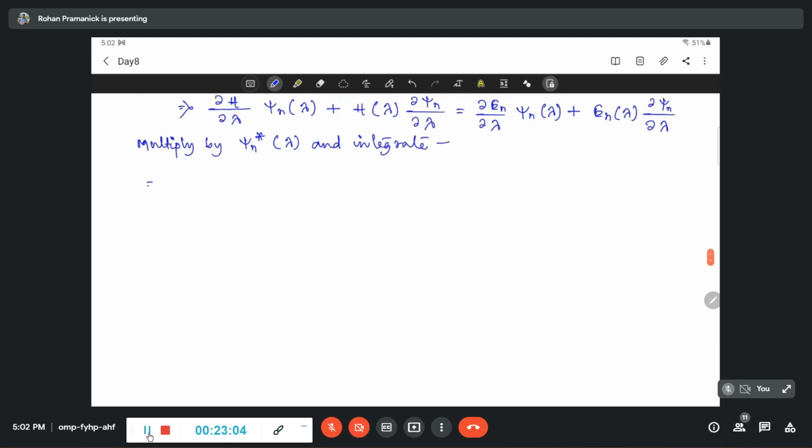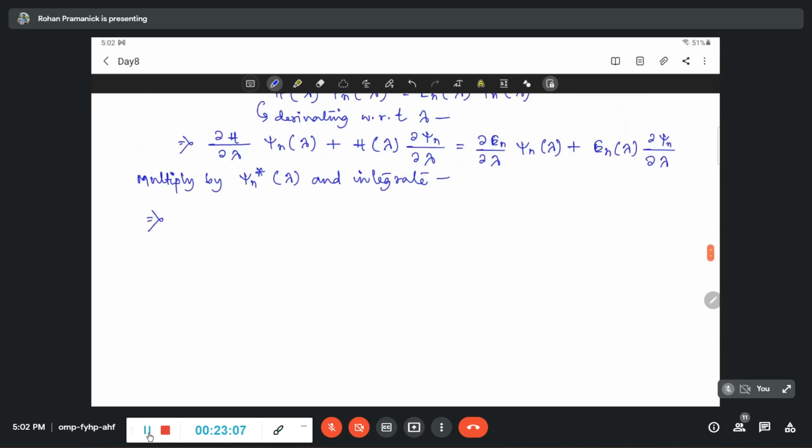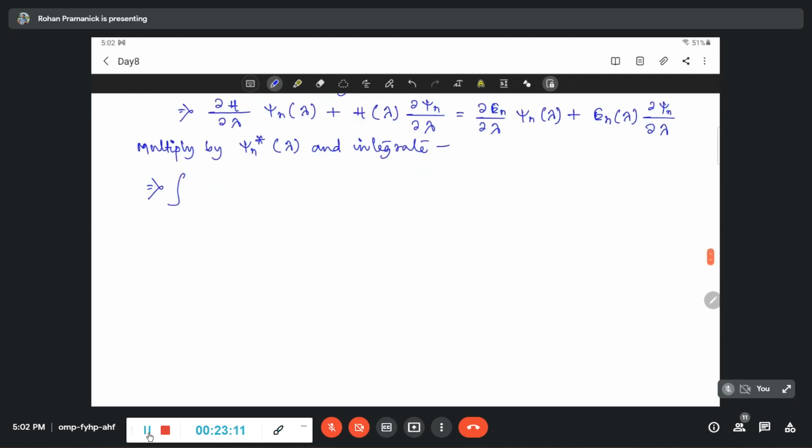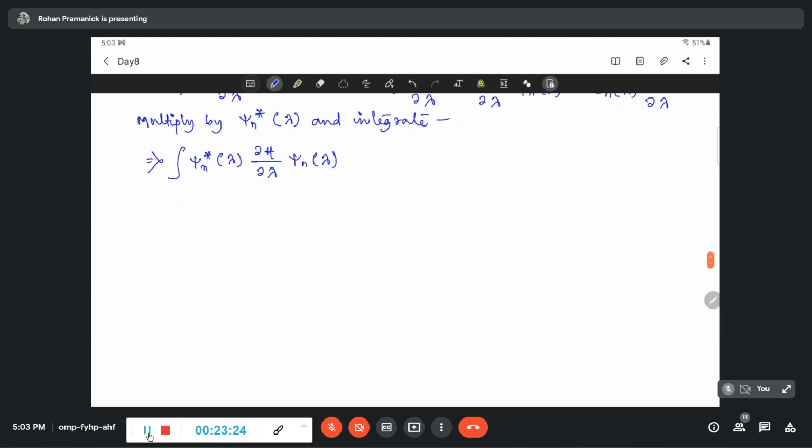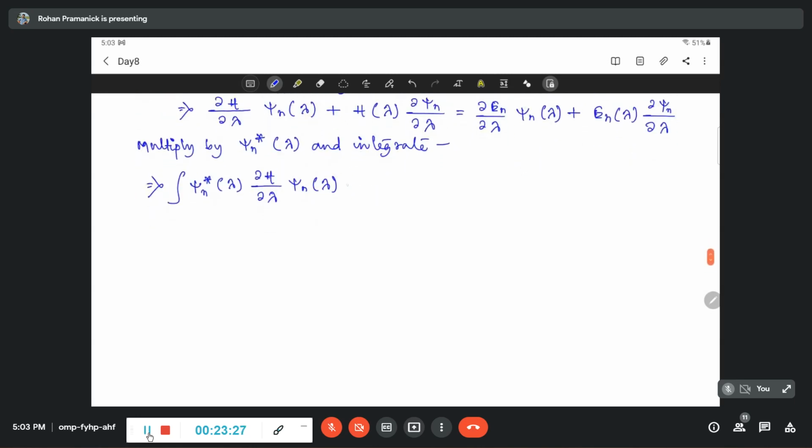If you multiply and integrate, the first quantity gives psi n star lambda del h del lambda psi n lambda dv, a volume integral, plus psi n star lambda H del psi n del lambda dv.